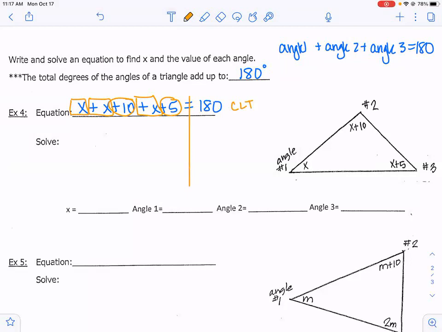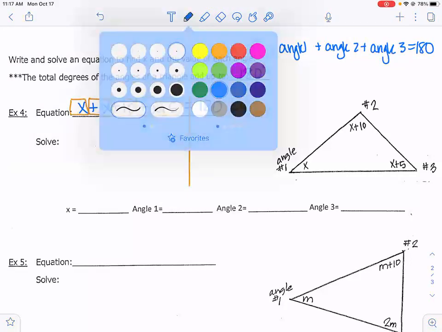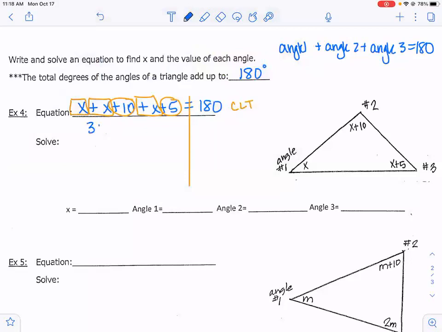Ryan, what is x plus x plus x? Good job, Ryan. Ariana, what is 10 plus 5? So now I have 3x plus 15 equals 180.